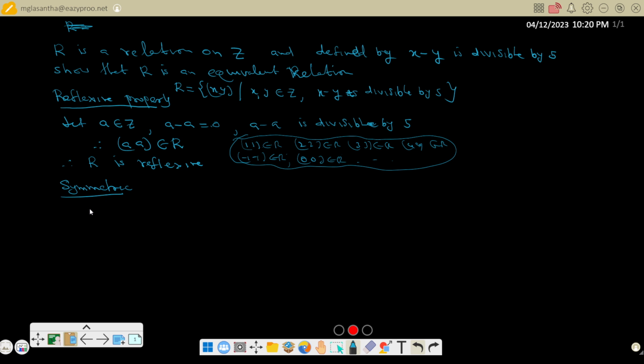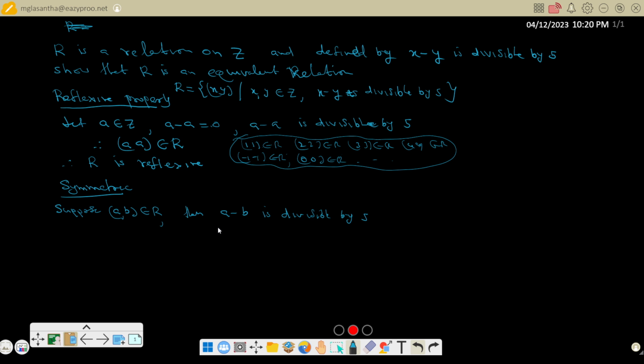Symmetric. Symmetric means suppose (a, b) belongs to R. Then a minus b is divisible by 5.